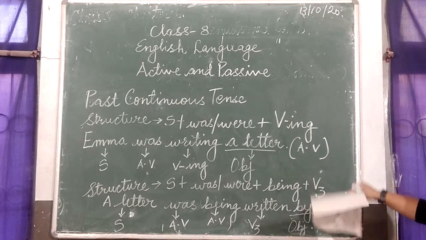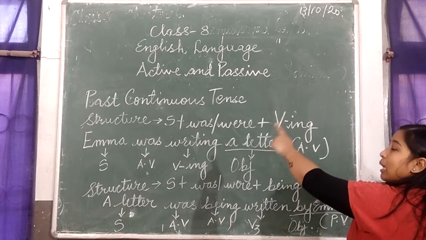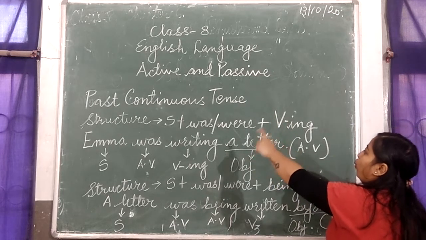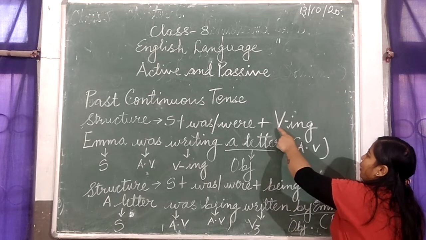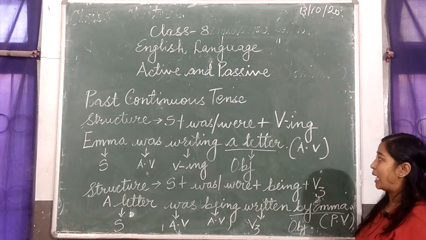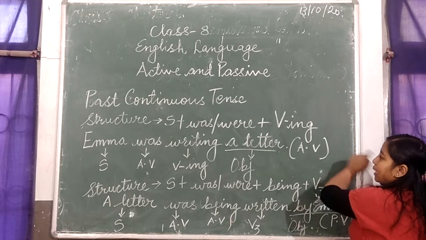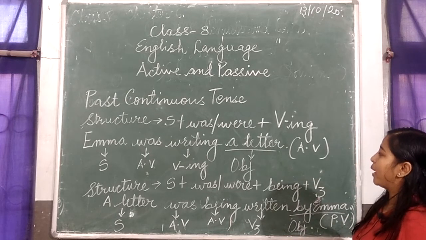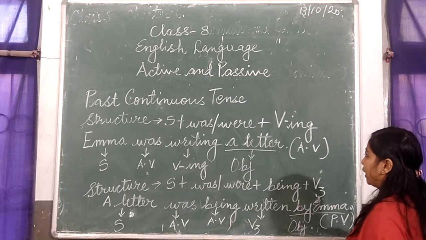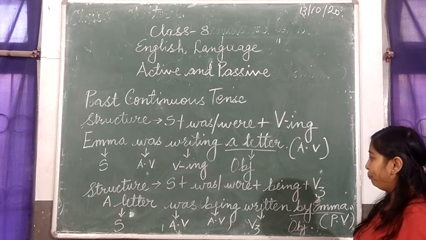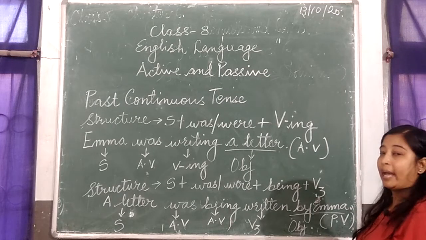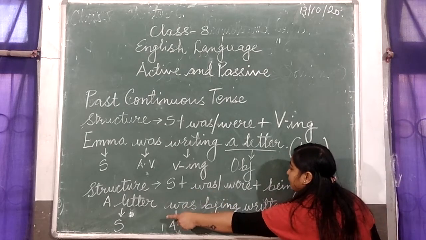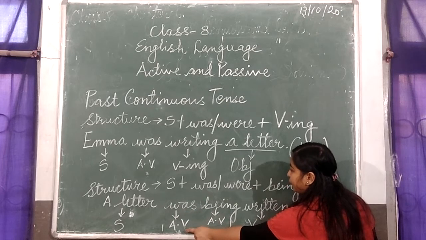Look at the board carefully. Past continuous tense. The structure goes like this. The subject has to be there. Was, a verb, has to be there. Plus the ing form of the verb. This is the active: Emma was writing a letter. If you have to change it into the passive voice, you have to write: a letter was being written by Emma. A letter is the subject, was is the auxiliary verb over here.